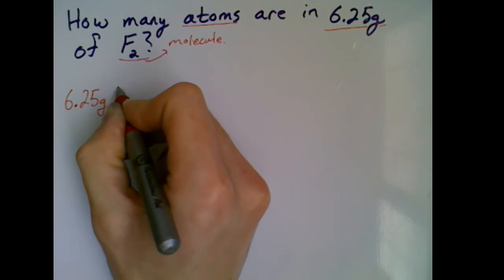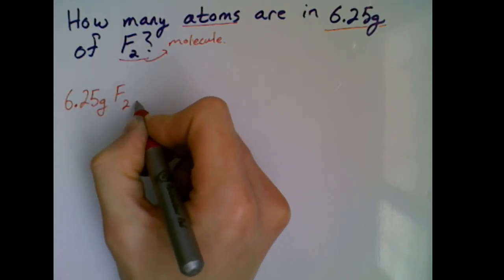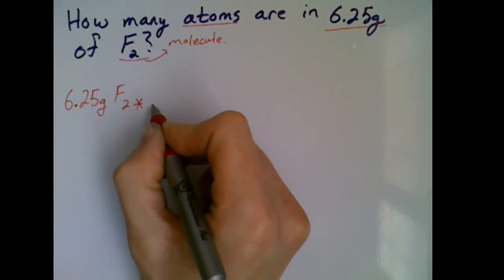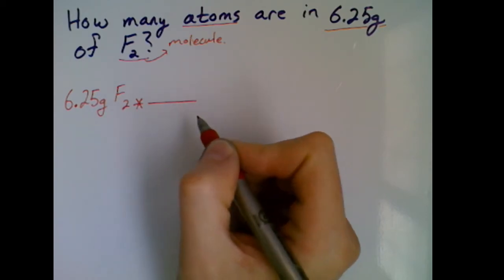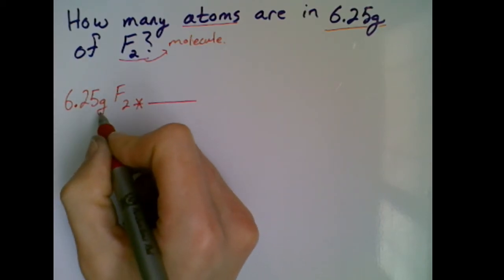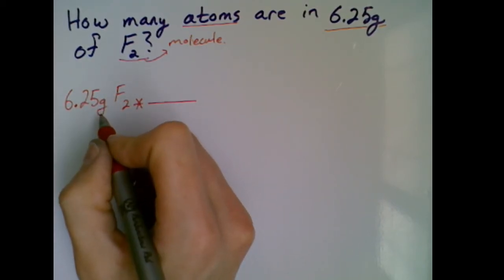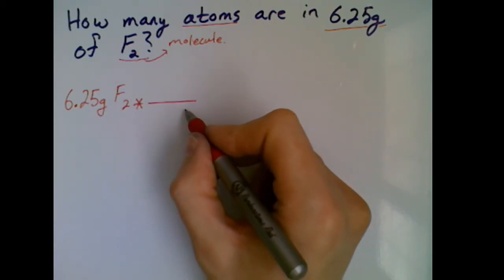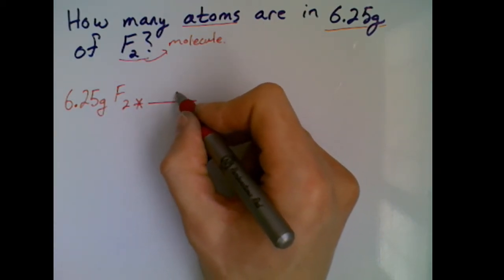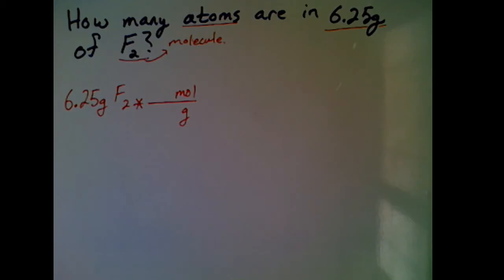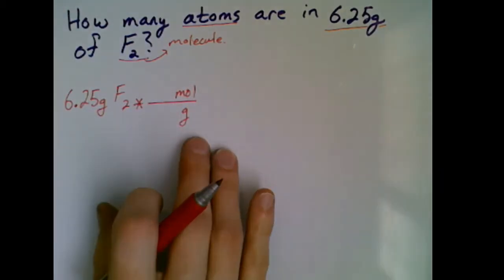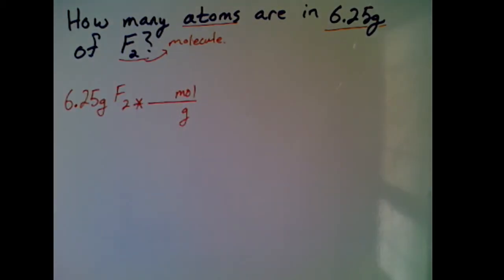6.25 grams of F2. And I'm going to want to convert this. What am I going to want to convert this into? Well, we only really have one conversion that involves grams. That means I need to go from grams into moles. How am I going to do that? Well, we need to use the molar mass of F2.